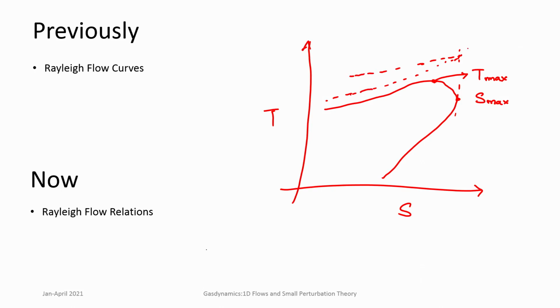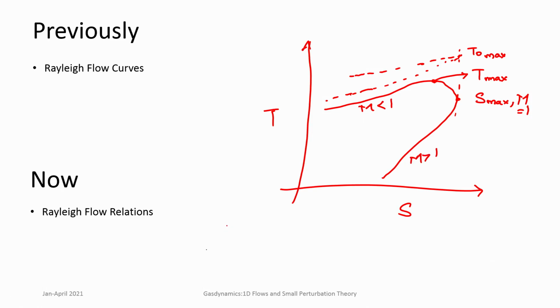These are stagnation lines, T0 lines, T0 reaches a maximum. So, the maximum amount of heat that can be added corresponds to the location of S maximum, that is the entropy maximum, and this corresponds to Mach number equal to 1. All these upper branch cases are of subsonic conditions, while the lower branch corresponds to supersonic conditions.